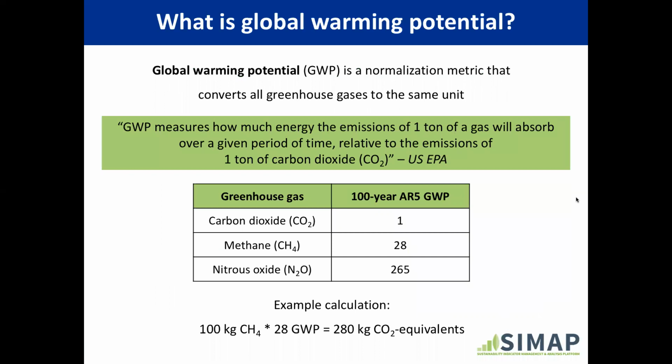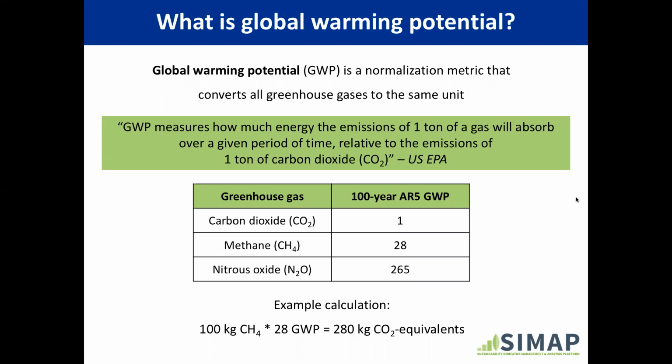Just a brief slide here, before I talk about the 20-year global warming potentials, on global warming potentials. Basically, what GWP does is normalize these other global warming gases to be equivalent to carbon dioxide so that we can add them all up and balance them against one another and get a sense of the total impact.